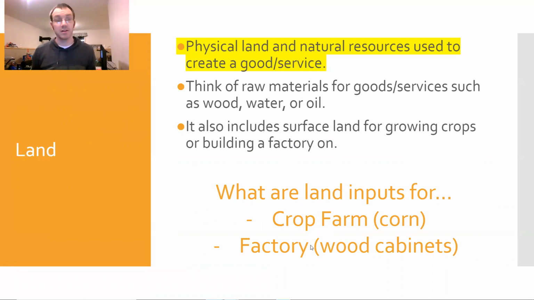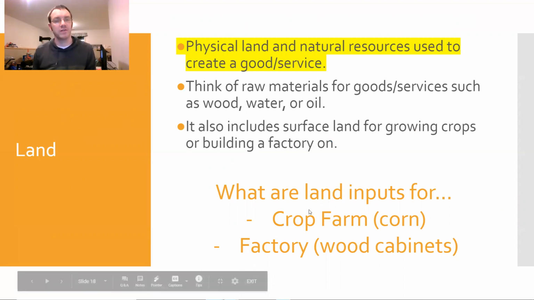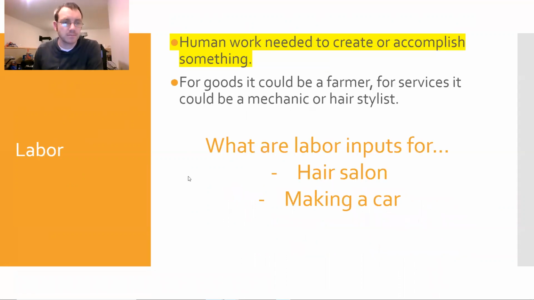We'll talk about that later, but the land the factory's on. You would have the wood that's needed for the cabinets. You'd have the metal that's used for the hinges. All those different kinds of things would fit. So land is going to be your natural resources and the land that something is on or grows from.